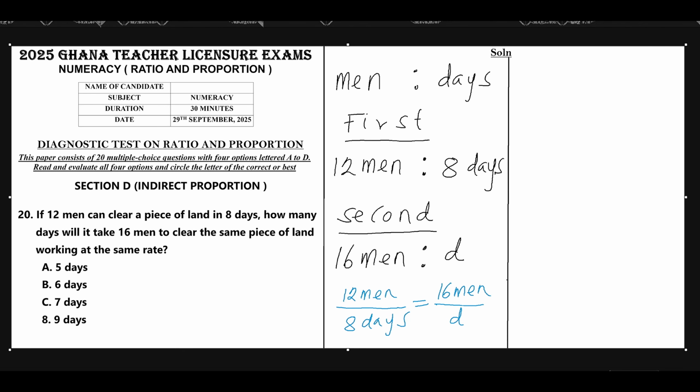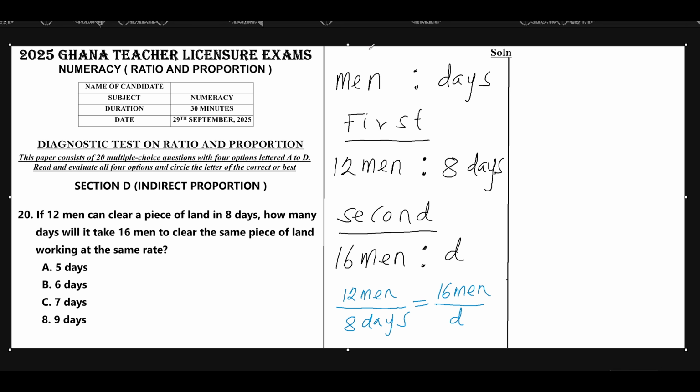Let's focus on the number of days. What happens to the number of days? We see that once you employ 20 men, comparing that to 10 men, it will take 20 men fewer days to finish clearing the piece of land than the 10 men.